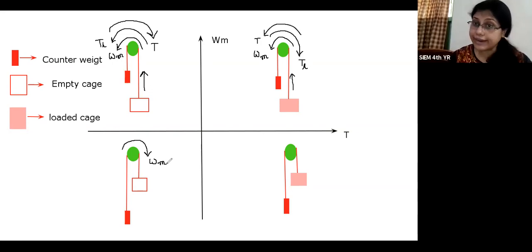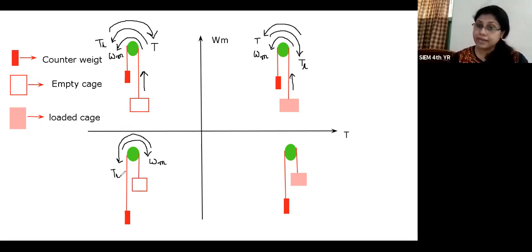Now again, in the third quadrant the cage is empty, and we know that the weight of the counterweight is higher than the weight of the empty cage. So obviously the direction of the load torque is towards the counterweight. So that is the direction of the load torque.